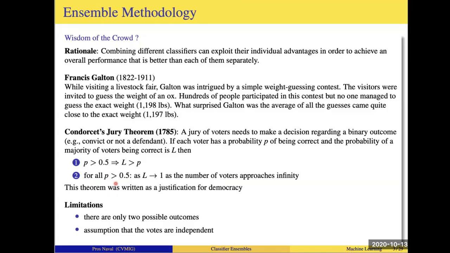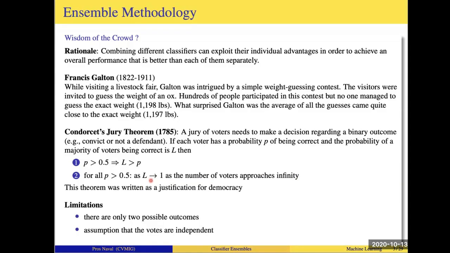It's rather obvious, okay? But the second one is more interesting: for all p greater than 50%, meaning all voters having a probability of being correct greater than 50%, it could be 51%, it could be 50.5%, as long as it's greater than 50%, then L approaches 1 as the number of voters approaches infinity.